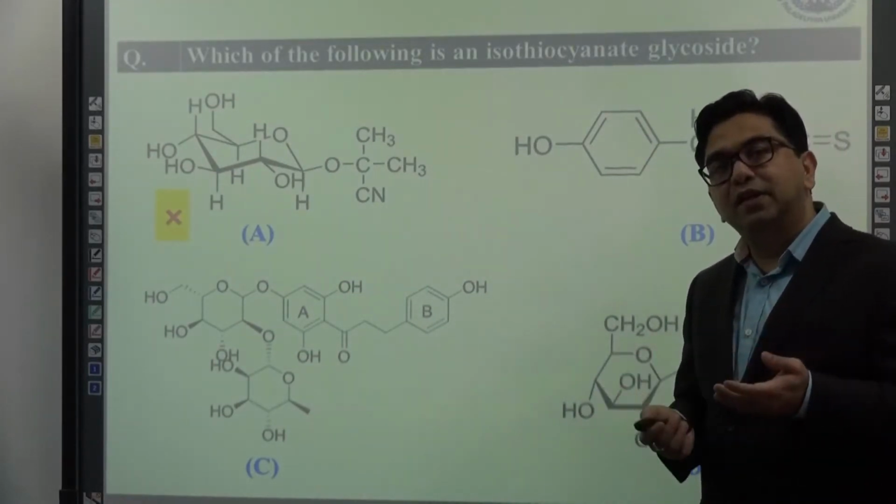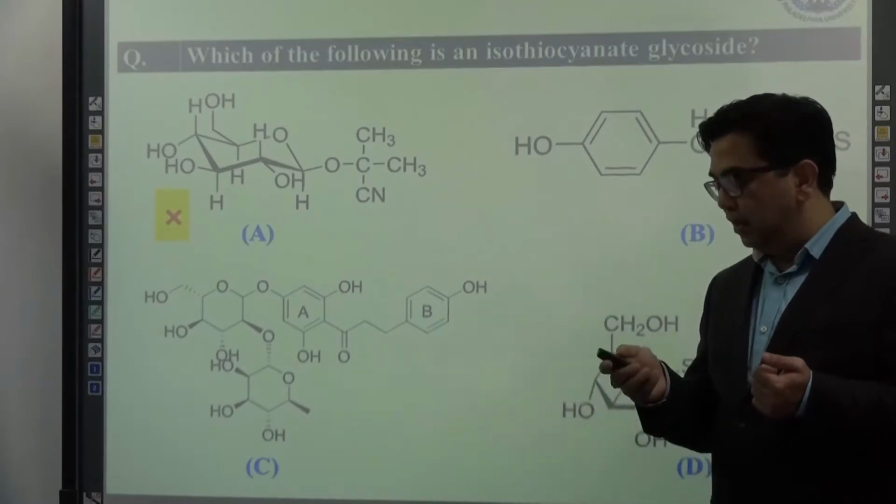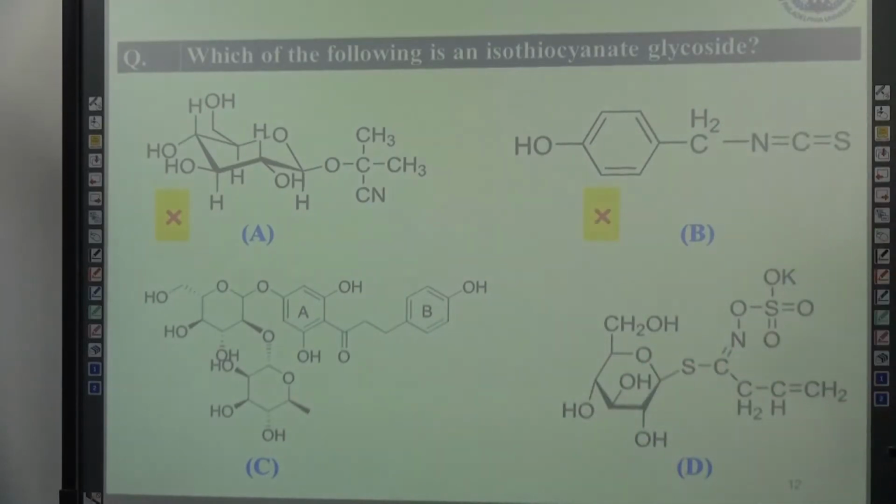Then what is the correct answer? Answer B, no. Even though the structure contains the isothiocyanate group, that is NCS, it is not an isothiocyanate glycoside, because it is not attached to a sugar moiety.